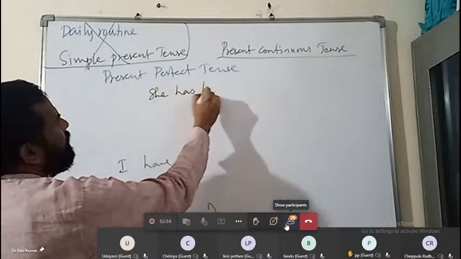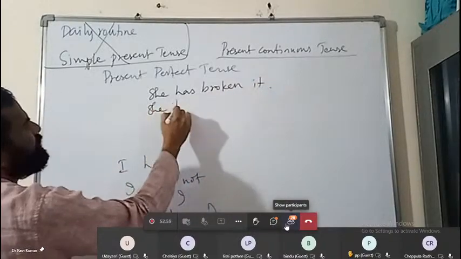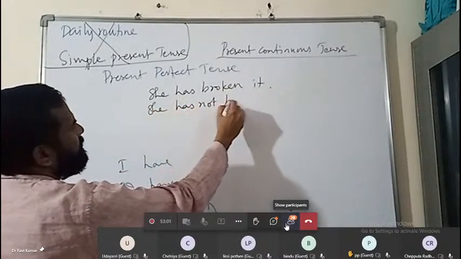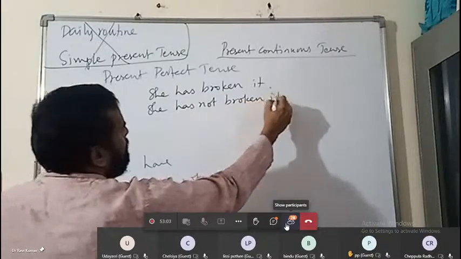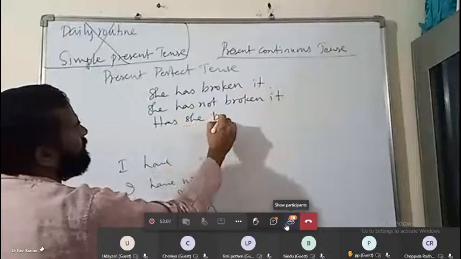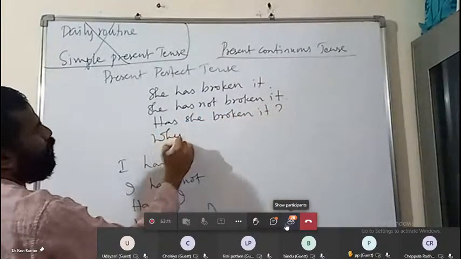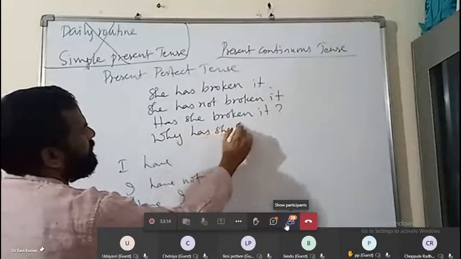She has broken it. She has not broken it. Has she broken it? Why has she broken it?